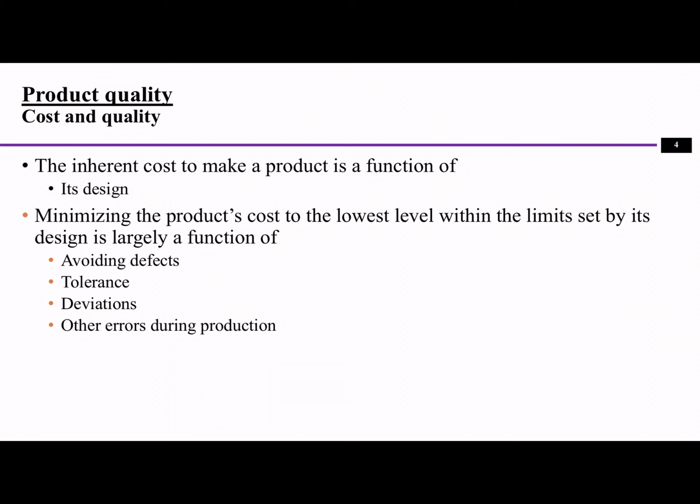But first of all, you need to make sure the quality is good. Also, the deviations or errors during production are all costs related to quality. So now you can see that quality is not just something you have to do; it's closely related to production performance and production cost.